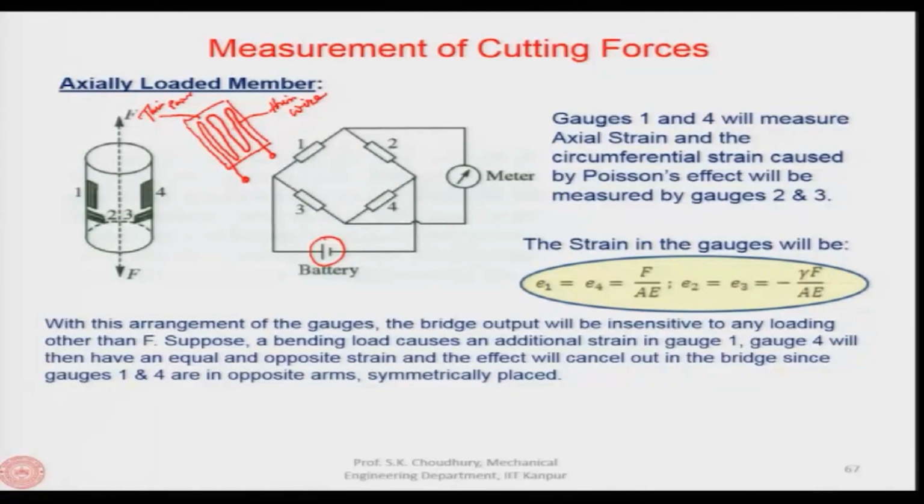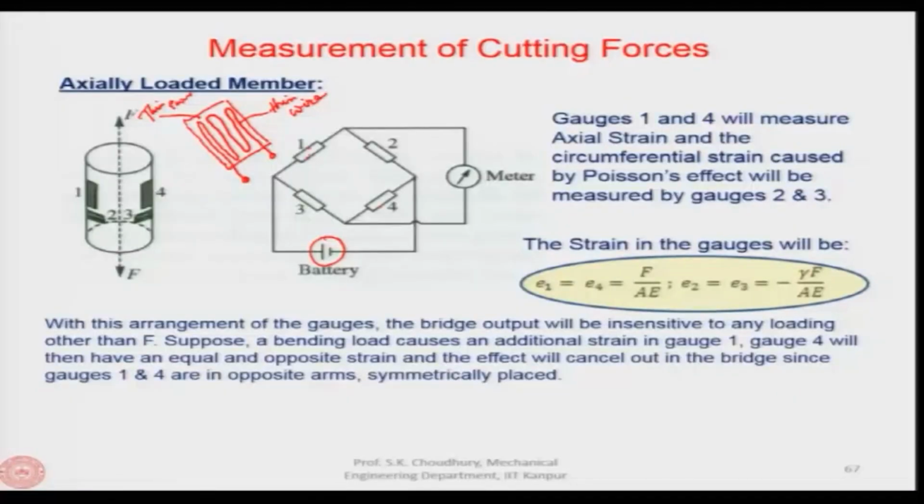Because of the deformation taking place, the voltage which is passed here will also change, and that changed voltage will be proportional to the deformation. By that we can measure the strain. Therefore, E1 and E4 here will be equal to F divided by A E, and with Poisson's ratio it will be minus the Poisson's ratio times the strain that has occurred in the E1 and E4 nodes.